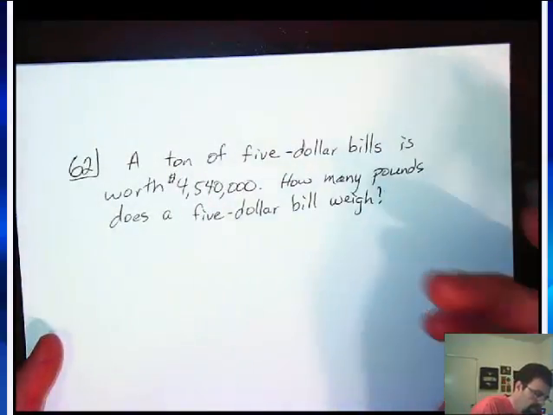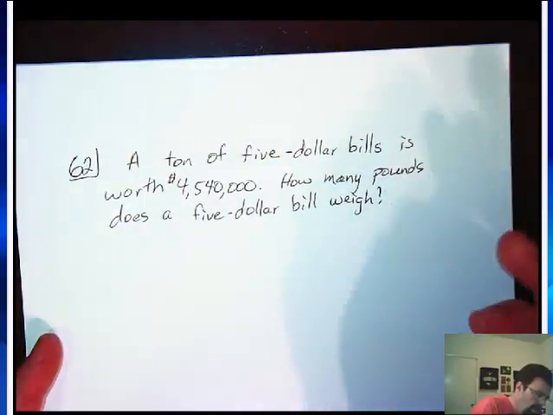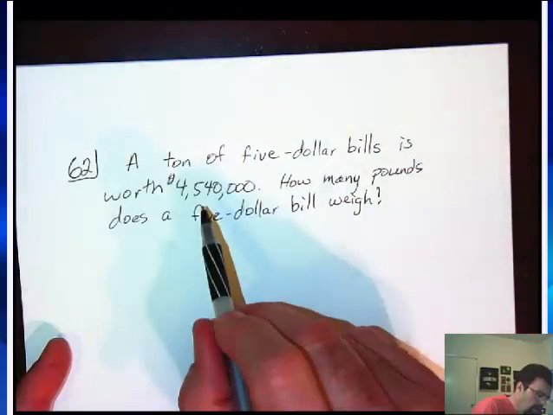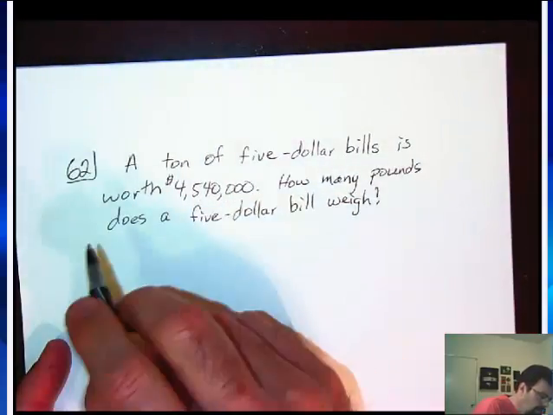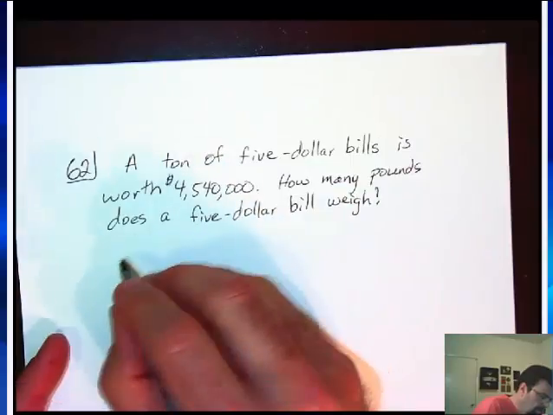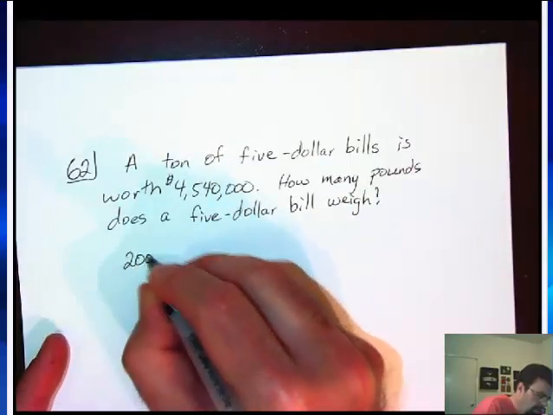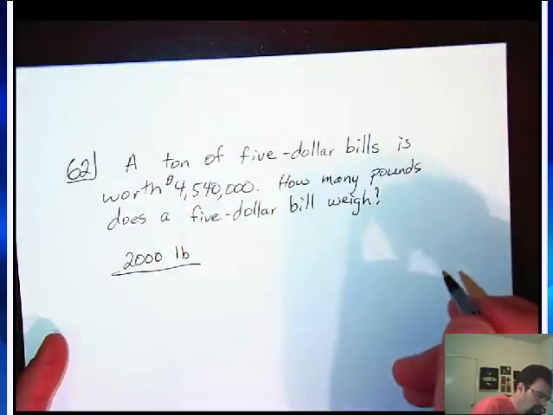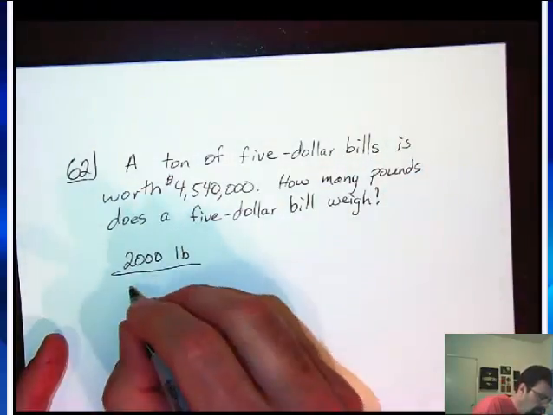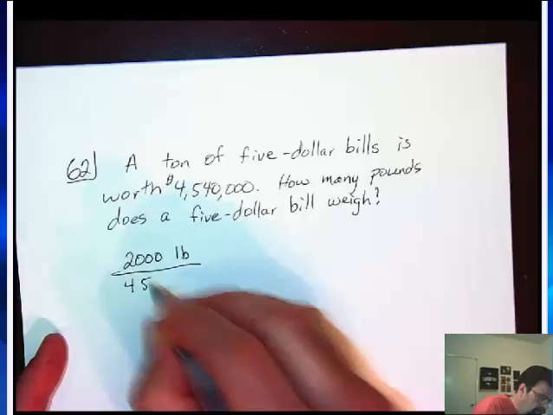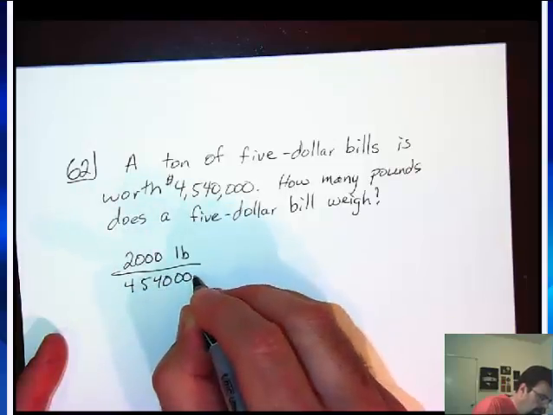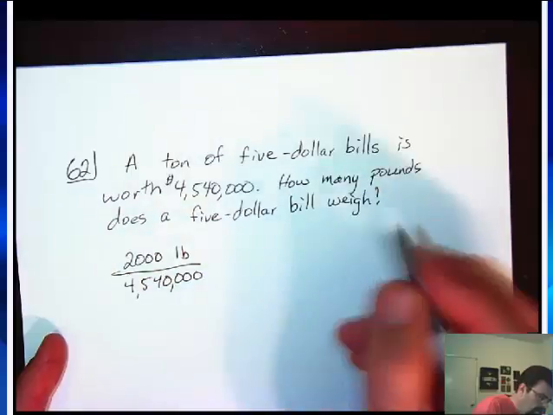So let's see, a ton is worth 5. So 2,000 pounds, so let's write it like this, equals 4,540,000 dollars.